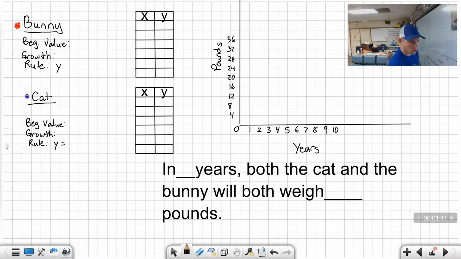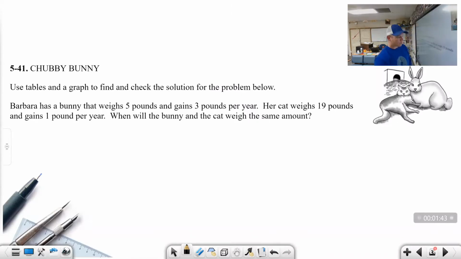We're going to do that, and then we're going to work on this page. So Barbara has a bunny that weighs 5 pounds, write the beginning value, and gains 3 pounds per year. That's the growth. If you know the beginning value and the growth, you can write the rule. Write the rule now.